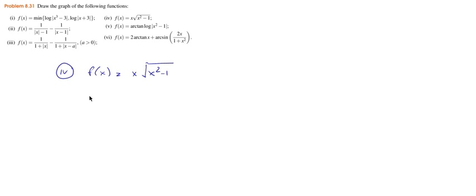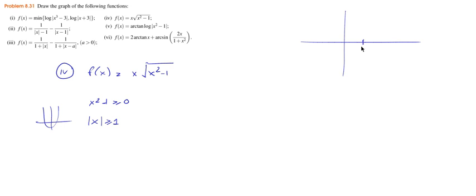So the domain of this is obviously whenever this is greater or equal than 0, we have this parabola x squared minus 1, right? And so this is going to be greater than 0 whenever the absolute value of x is greater than 1. So the domain is starting at 1 here, and at minus 1 here.